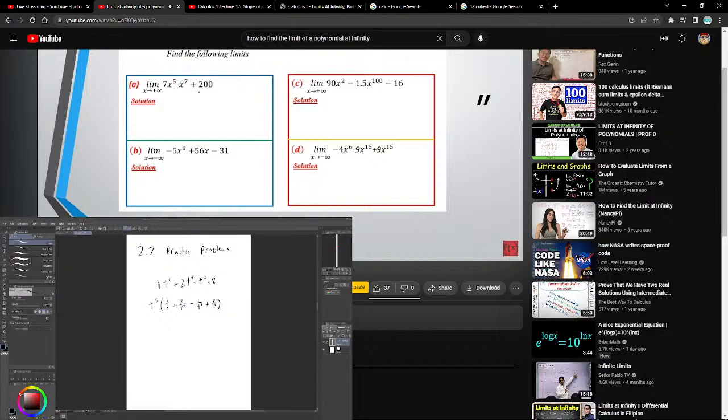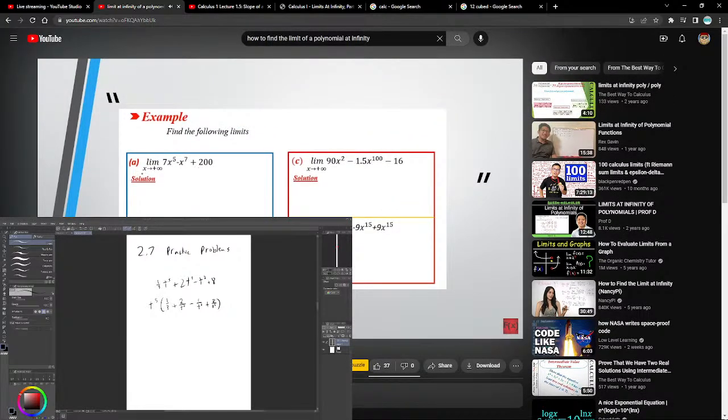Infinity for a given polynomial. So in part A we have the limit of 7x to the 5 minus x to the 7 plus 200 when x goes to positive infinity. So you have to use this rule: limit of x to the n when x goes to infinity is equal to positive infinity. But here you have to take the highest power only, and there is no need for the other terms when x goes to infinity or negative infinity when we are dealing with polynomials inside limits.